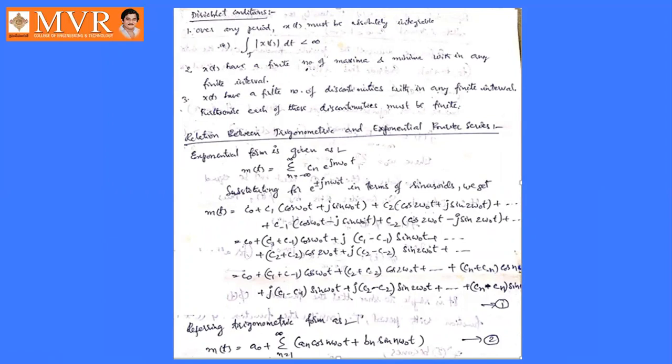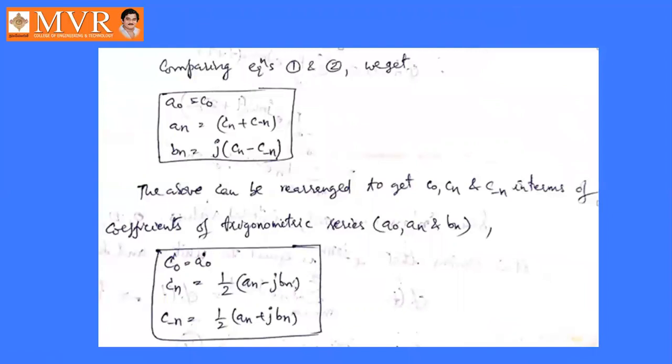By expanding this and comparing with the trigonometric form, we will get the relation a naught equal to c naught, an equal to cn plus c minus n, bn equal to j into cn minus c minus n.